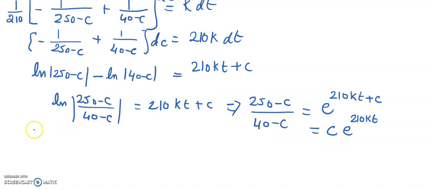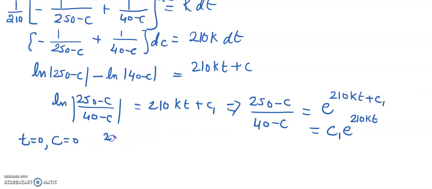Okay, so now we know that for this reaction at time 0 there was no reaction, so that means C was 0. I think there are two terms of C over here, and in fact C is the compound C over here. This C is the constant, so maybe I can represent it by C1. This C is the variable, but this C is constant, so I can represent it as C1.